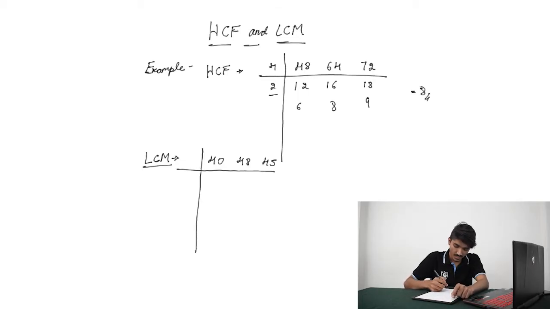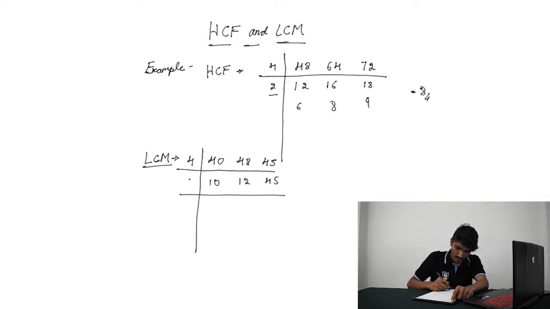And if you want to find the LCM of three numbers, let's say 40, 48 and 45, take a number such as 4, it is 10, 12 and 45, and 2, 5, 6 and 45.